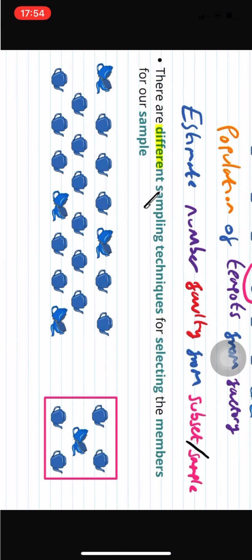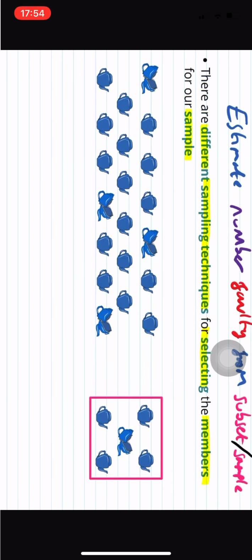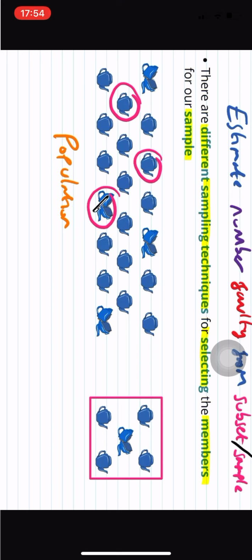There are different sampling techniques for selecting the members for our sample. We could take our entire population, and then how we pick our members for our sample, say this member, this member, this member, this member, and this member, depends on which technique we use to pick the sample.